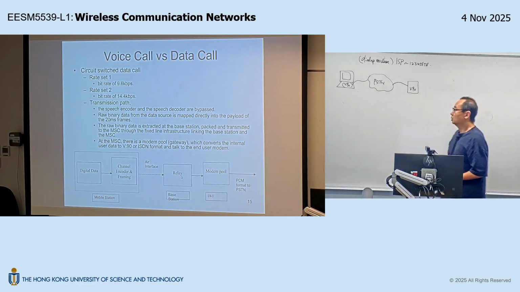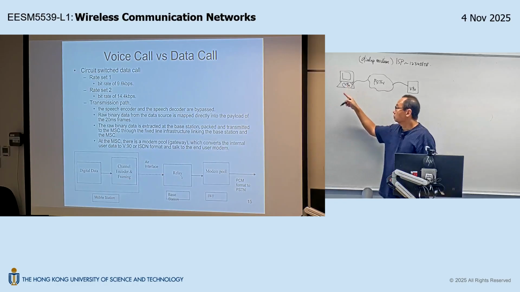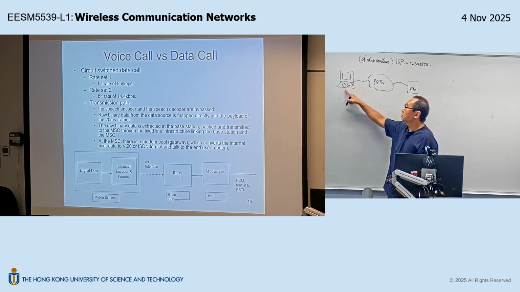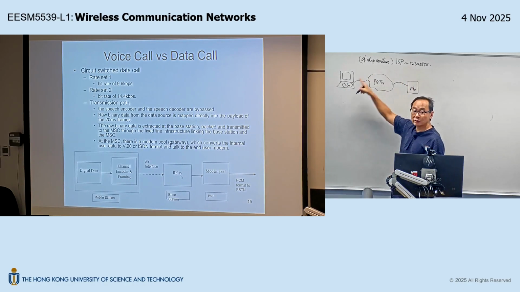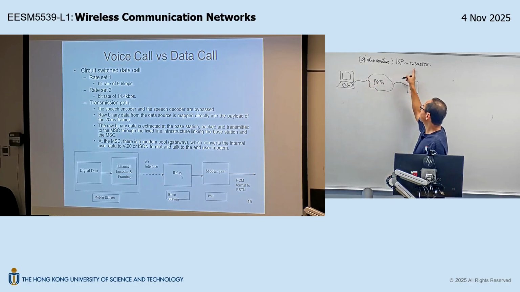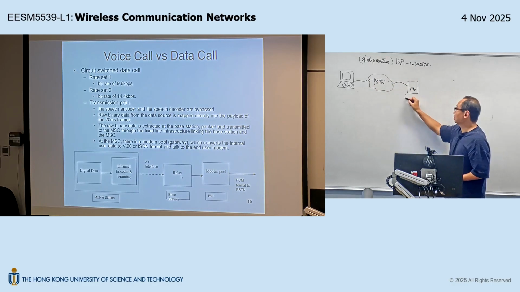Okay? So when you want to access the internet, you configure the modem to dial this number. When you dial this number, it will make a PSTN call. The PSTN receiving this destination number will set up a data path to the destination number of the ISP. So this is our ISP, Internet Service Provider.